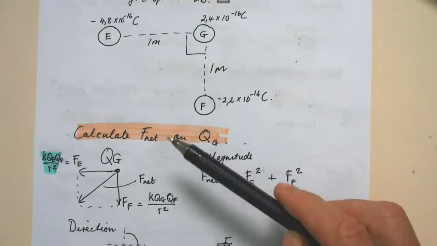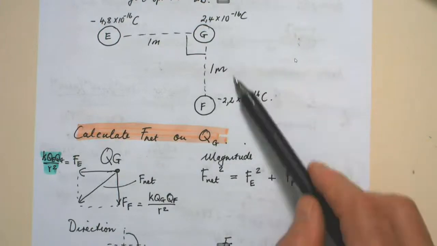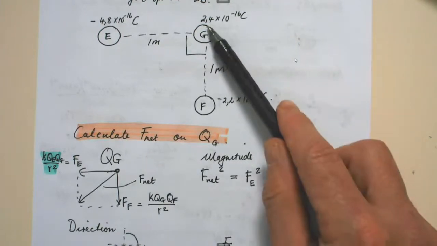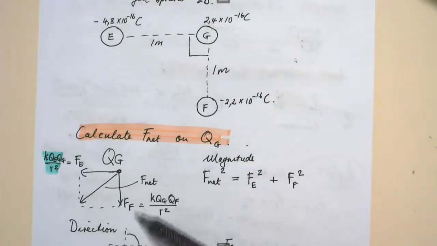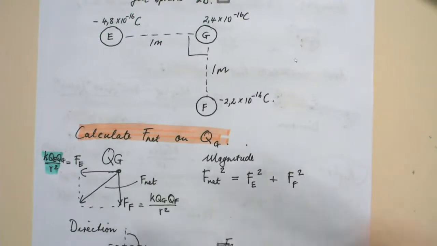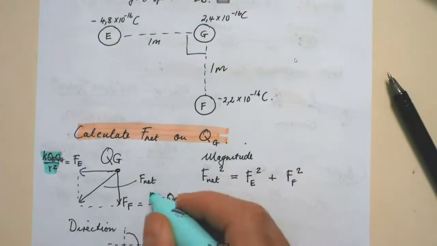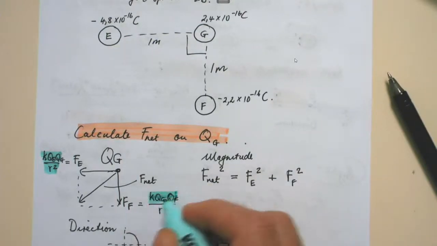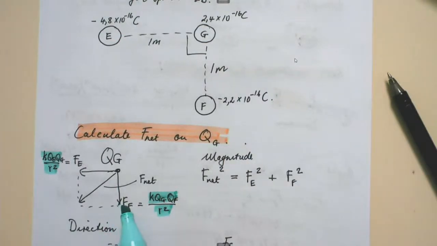Now the direction of the force between F and G will also be attraction. So what I have here is that on G it will be downwards, and thus I have that force, and I can calculate the force downwards using G and F. So that is what I will substitute in there, the charges, the 1 meter, and I will get that magnitude.